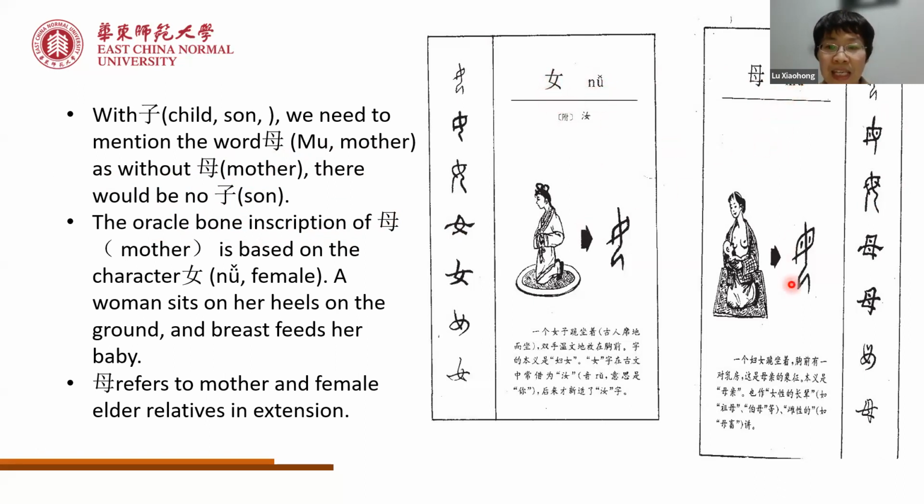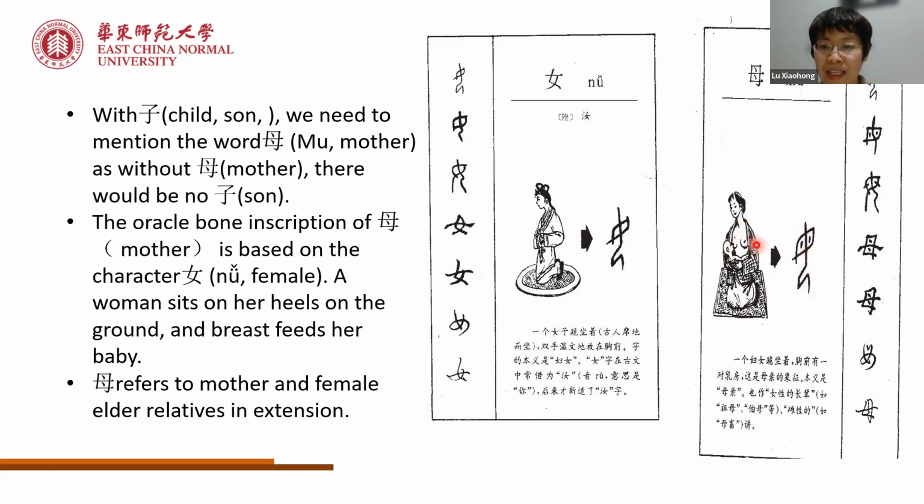So you can see a woman sits on her knees on the ground, because in ancient China, there was no chair or stools for people to sit. So they would sit on the ground on a mat. So here a woman sits on her heels on the ground and breastfeeds her baby. So that's the character of mother.